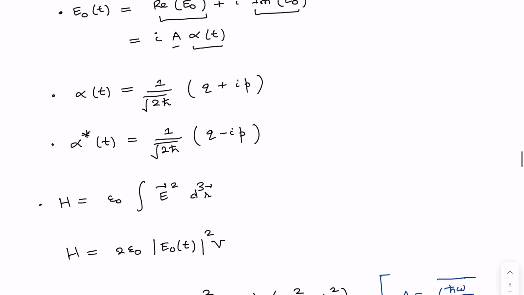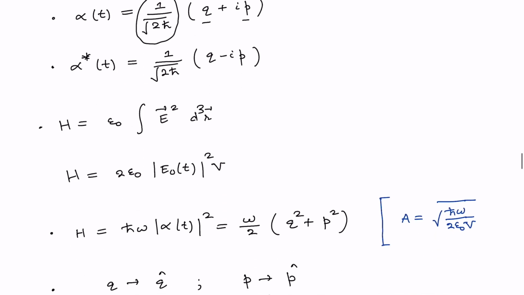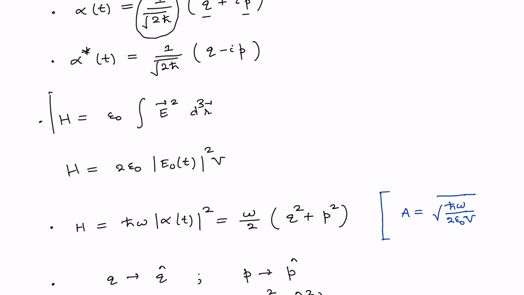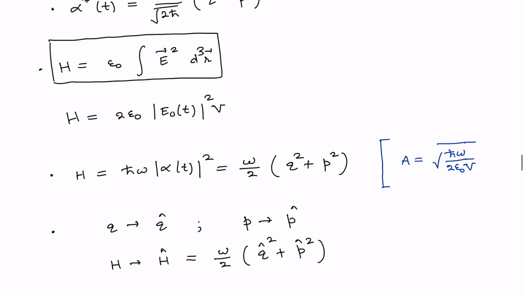Alpha of t is a complex quantity and it has a real part q and an imaginary part p. We write it in terms of q plus ip, apart from multiplying it with an appropriate factor, which as you have seen later on simplifies the calculations. Then we have worked out the Hamiltonian for the electromagnetic field, and the Hamiltonian turns out to be this expression, which I have asked you to work out.